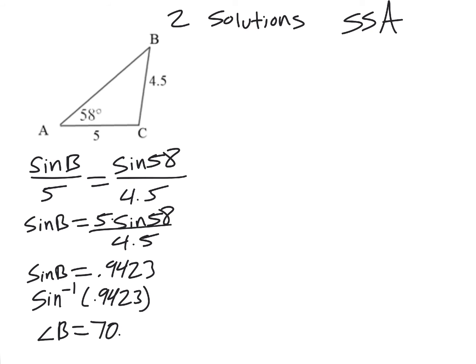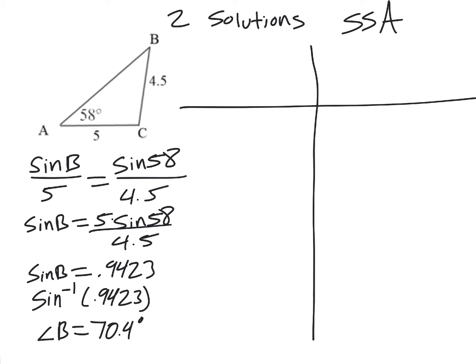Angle B is 70.4 degrees. Now I'm confident, like on the other case, that case number 1, where B is 70.4, is going to work. That one typically always works out.